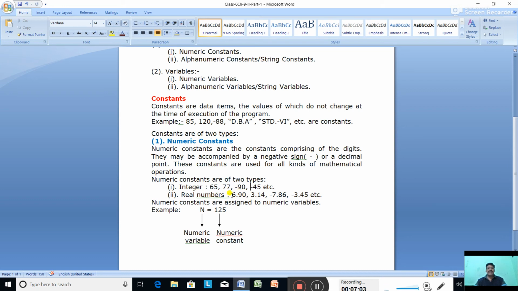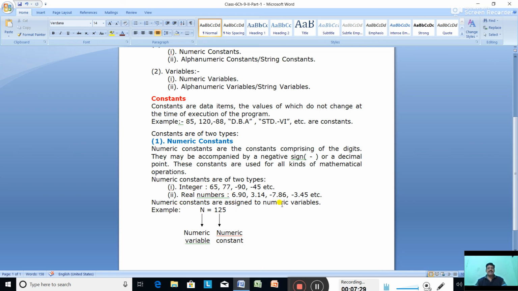Real numbers means fractional, having the decimal part, like 6.90, 3.14, minus 7.86, minus 3.45. So all these are called real numbers or real constants. Numeric constants are how many types? Two types, integer constant and real constant.